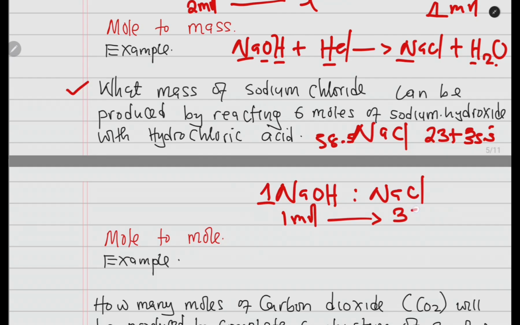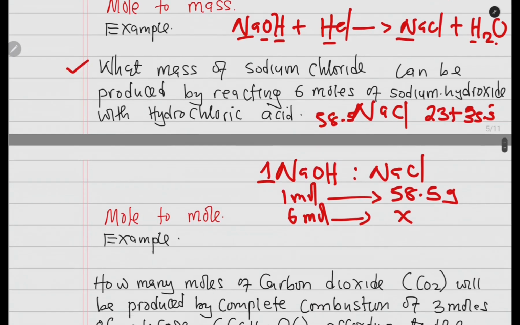So this one is 58.5. That is the molar mass of the whole of this one. So we say grams. Then what about 6 moles? How much is it going to be? It is the same as X is equal to 6 multiplied by 58.5 divided by 1, which is just what we found to be 351. I guess no one is lost here. So that is how you use mole to mass.